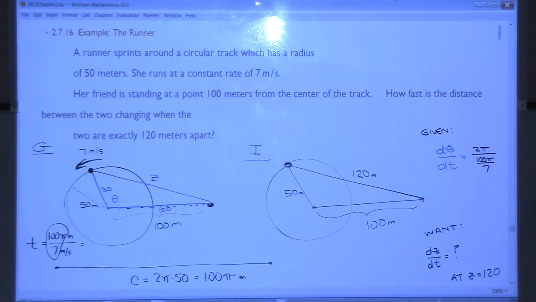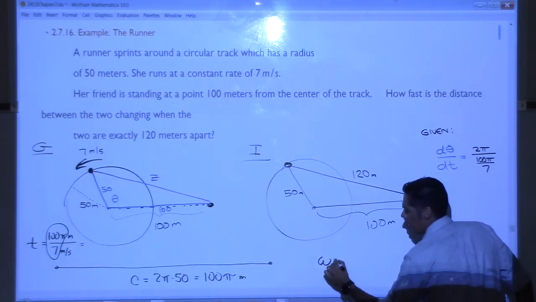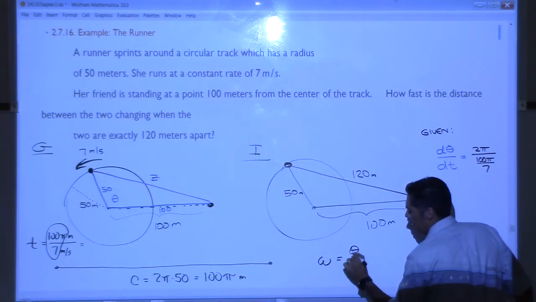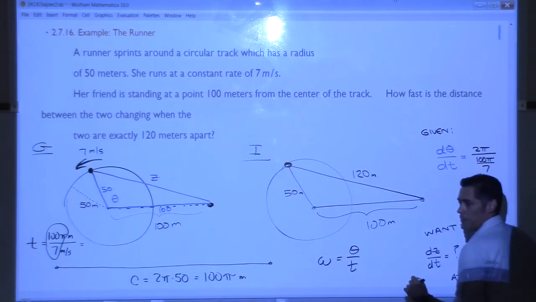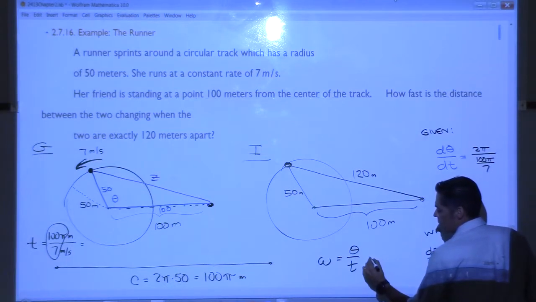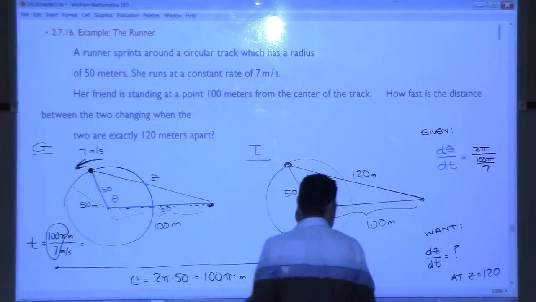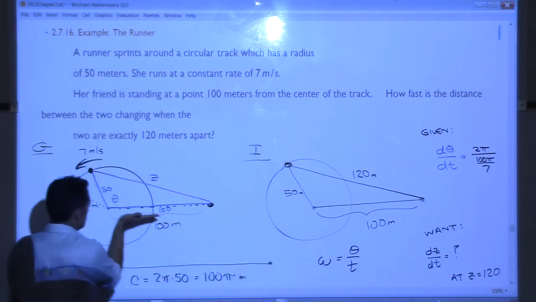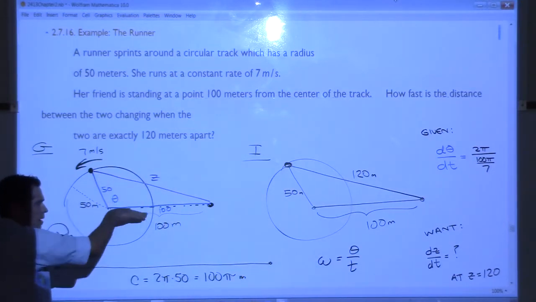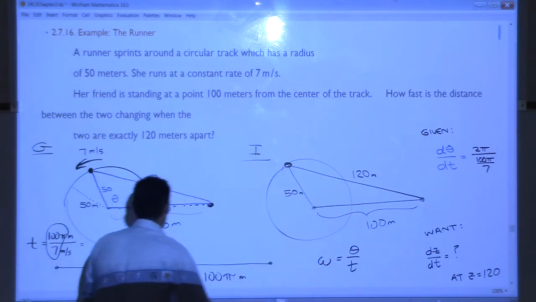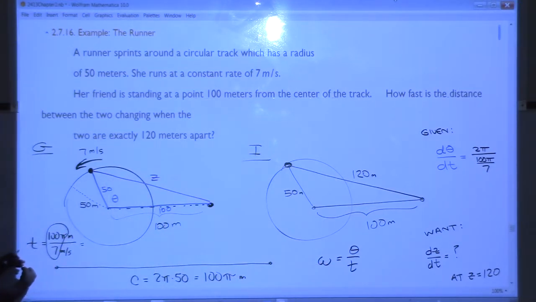So back in pre-cal, you probably saw this formula, omega equals theta over t. Does that look right? So theta is basically the angle you travel through. We traveled through the angle of 2 pi, and it took us this much time.